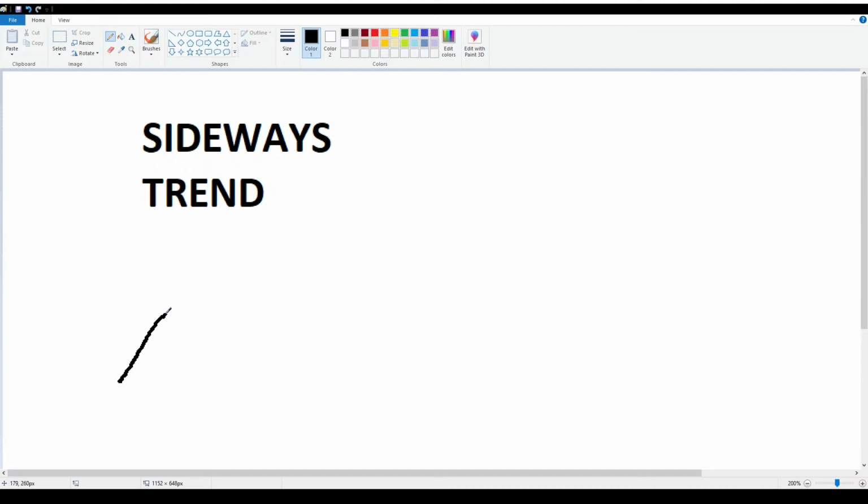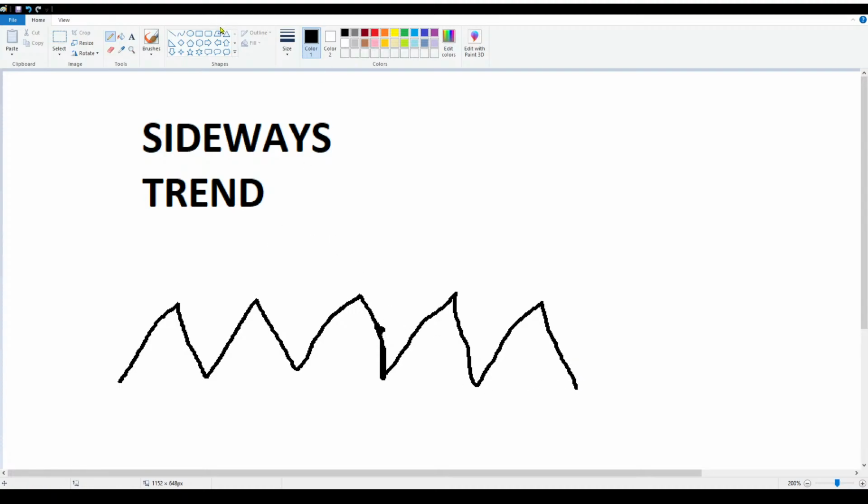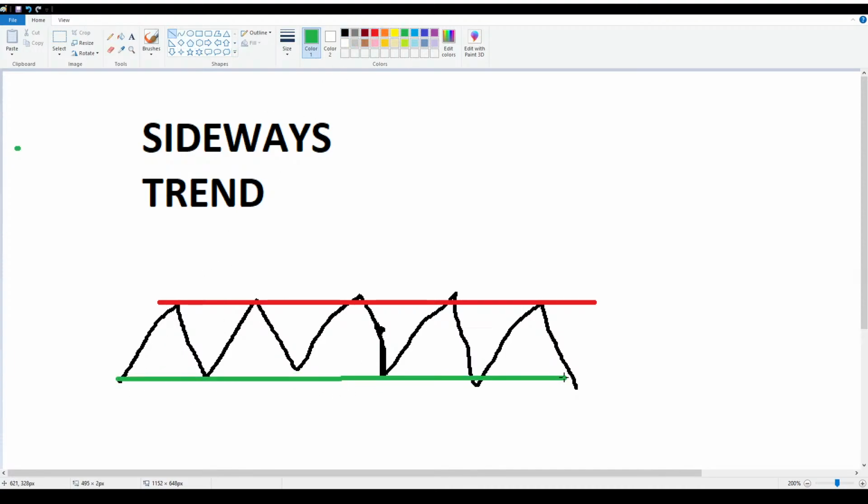What it's doing is it's playing in between two levels, okay? In between two levels like that, okay? It's almost as if now the market has a ceiling and then it's almost as if the market has a floor, okay?